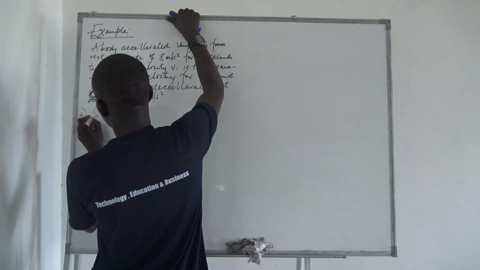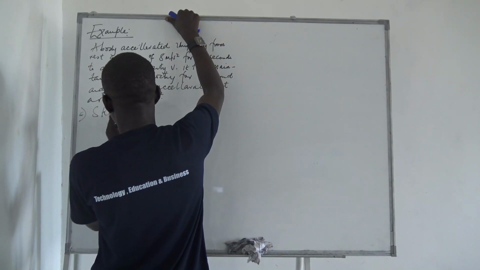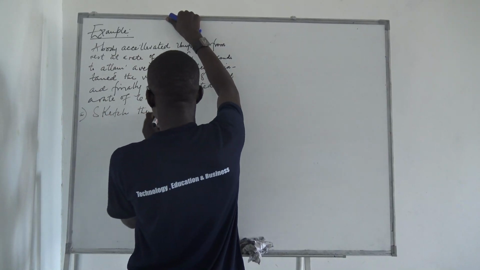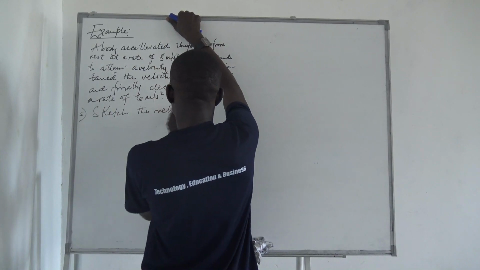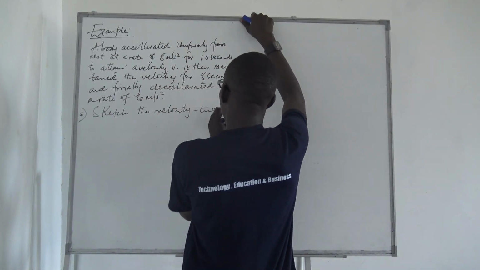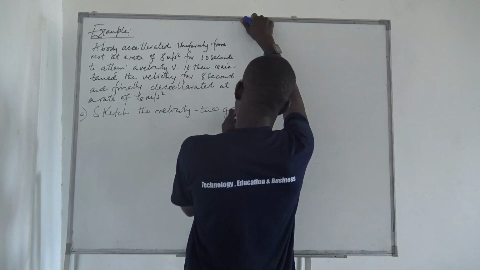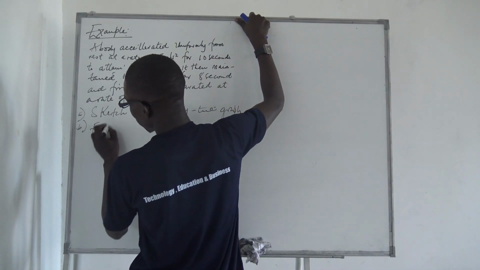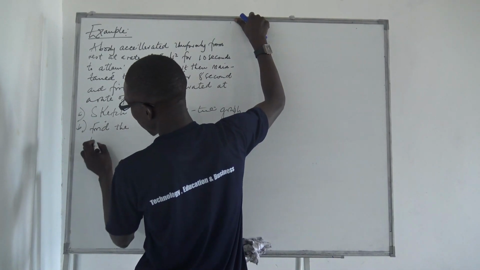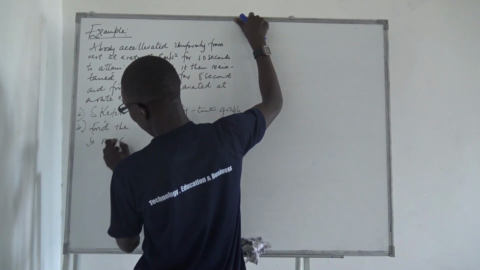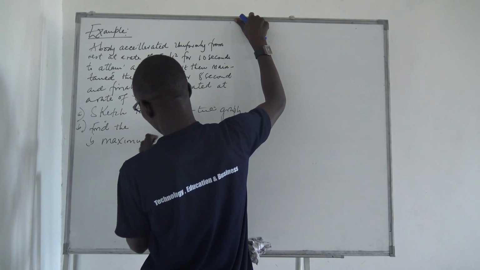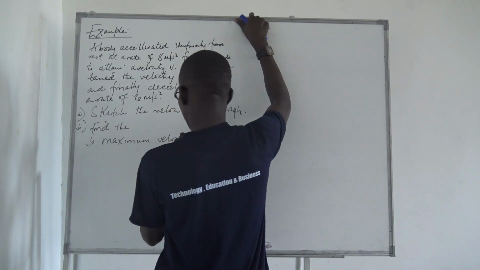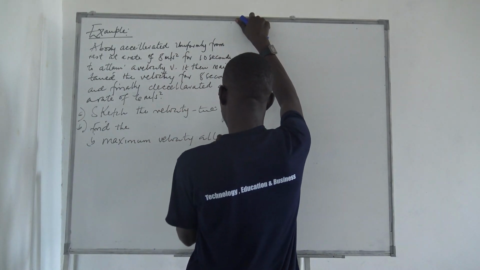And then part A, sketch the velocity time graph. And then part B, find the maximum velocity attained.